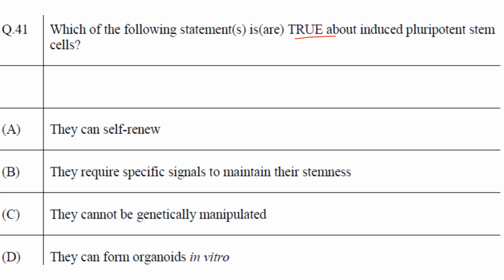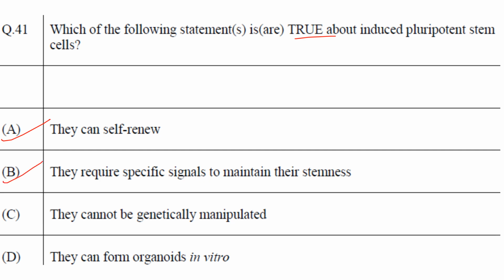So, they can self-renew, yes. They can proliferate and self-renew in vitro conditions. So, that's correct. They require specific signals to maintain their stemness. Yes, to maintain their pluripotent nature, they require specific signals, like certain transcription factors, growth factors, etc. So B is also correct.